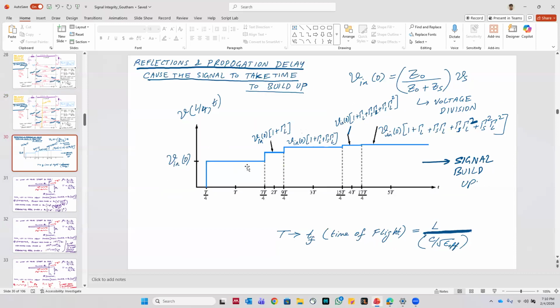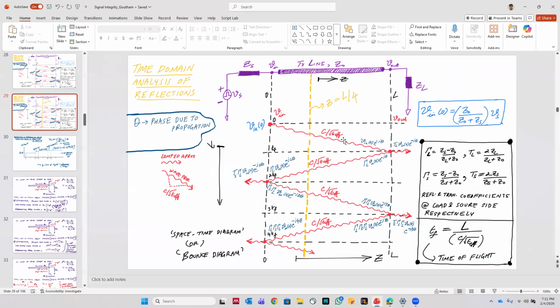So now what happens is, it goes all the way here, bounces back here, but when it reaches here, it's going to add on top of the Vn that was already there, right? So then the signal here is going to be Vn of 0 plus gamma L Vn of 0 e power minus j theta, right? And then once it goes here, reflects back, it's going to be this plus this and so on, right?